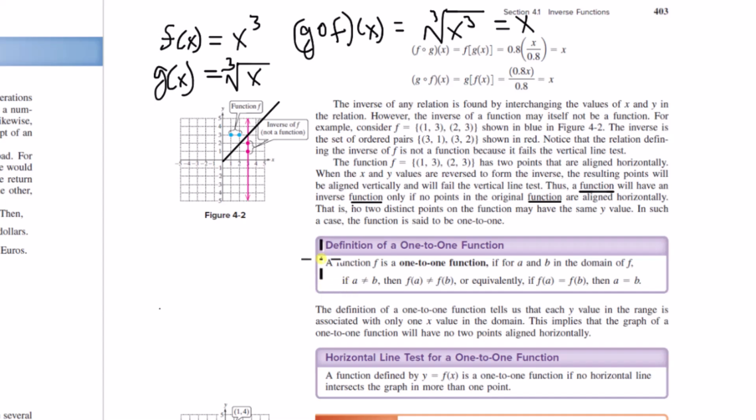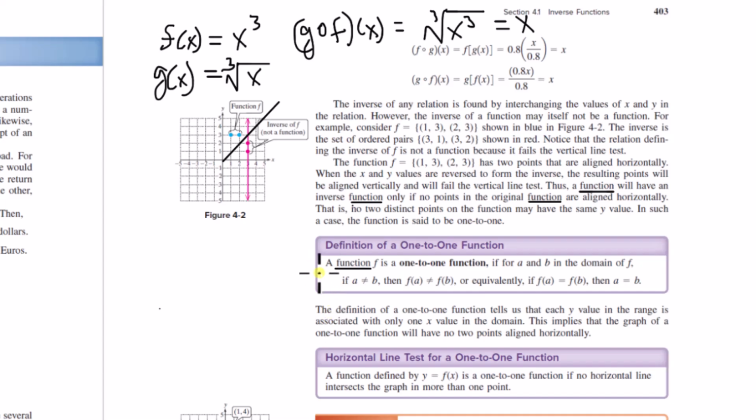This is just a fancy, mathematically precise way of saying that for a function to be one-to-one, you can't have separate inputs mapping to the same output. Now you might say, wait a minute, what about not having the same input mapping to multiple outputs? That's already implied, because we're starting with a function.